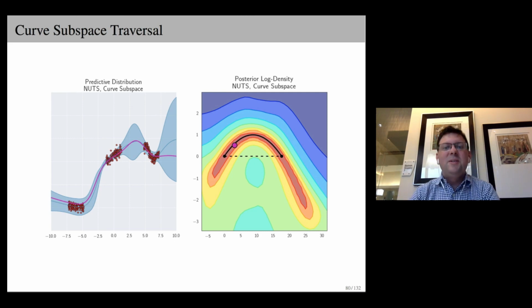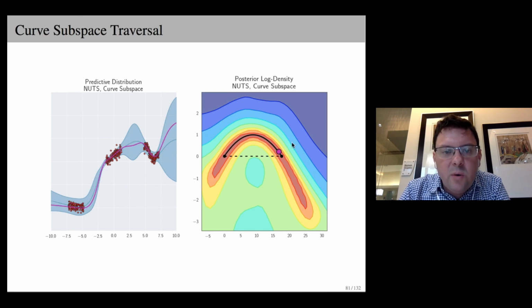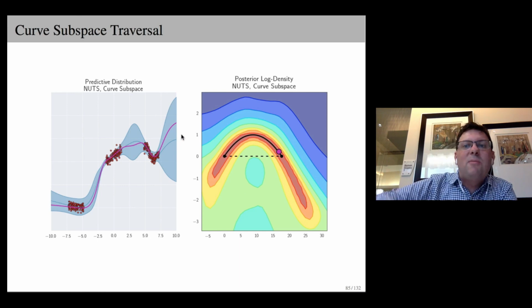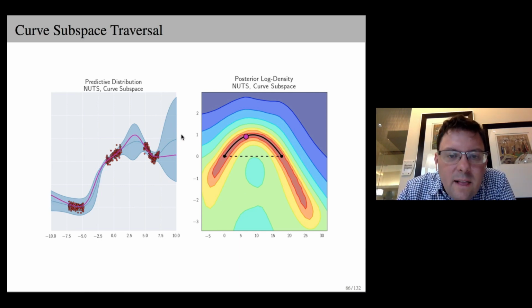So let's first consider the mode connecting subspace. In the right panel here, we're traversing through parameter space in this mode connecting subspace. And in the left panel, we're looking at the corresponding functions in purple. We can see first that there's a lot of functional variability in this very flat region of the posterior. And if I were to ask you which curve you preferred, this purple curve or that purple curve, you probably have a hard time saying.